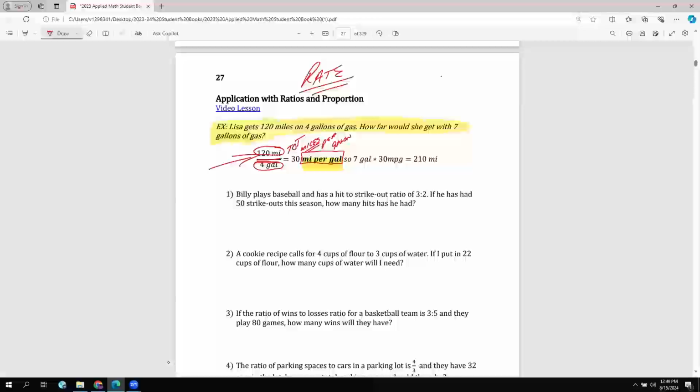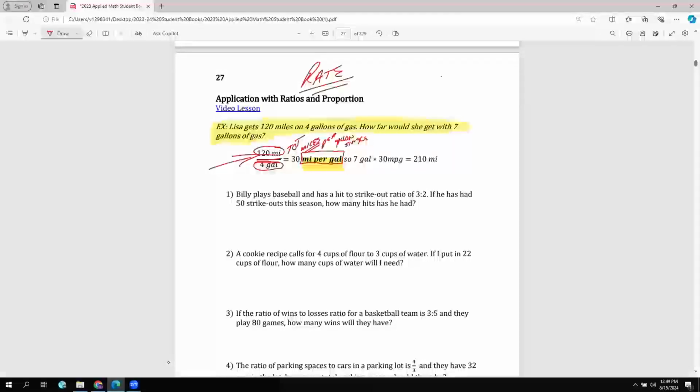This isn't language class. So anyway, miles per gallon: 30 plural miles per single gallon. That's telling me that for every one gallon of gas, I will get 30 miles.